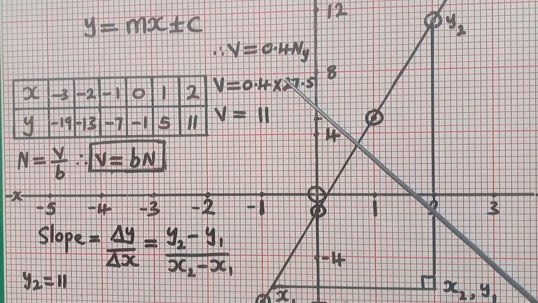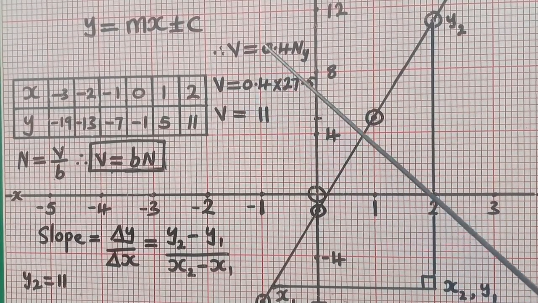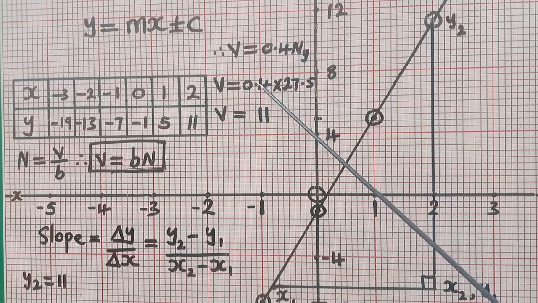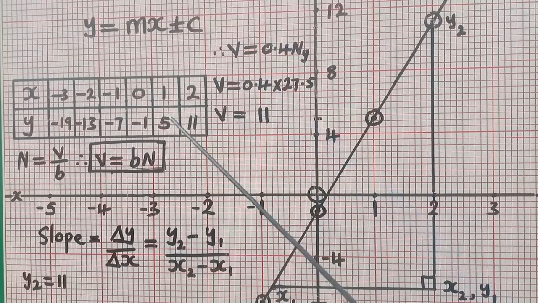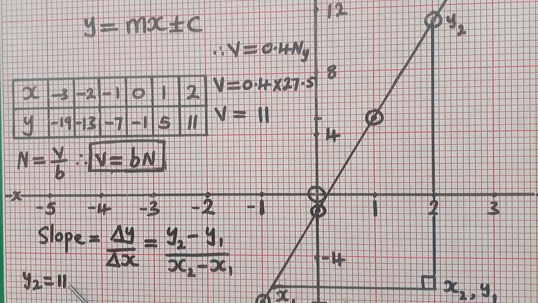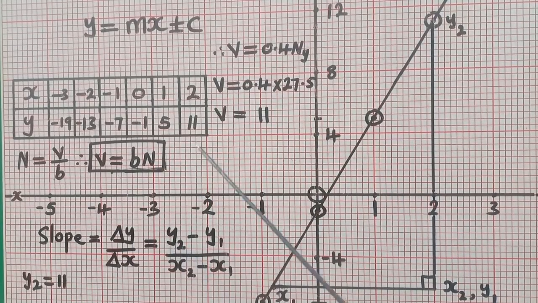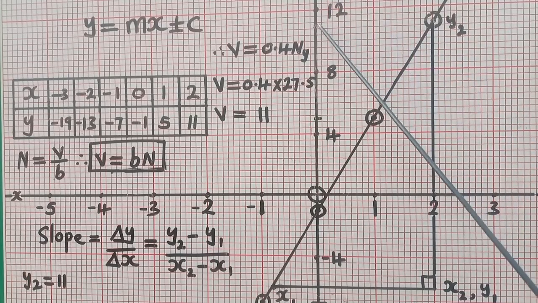Therefore, the value of y at this point is equal to 0.4 times 27.5. The answer is equal to 11. Therefore, y2 is equal to 11. This y2, which is here, is equal to 11.